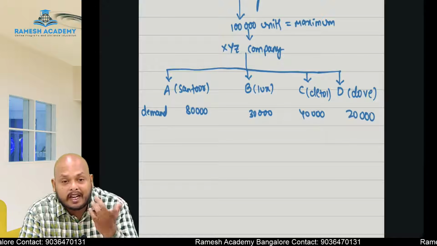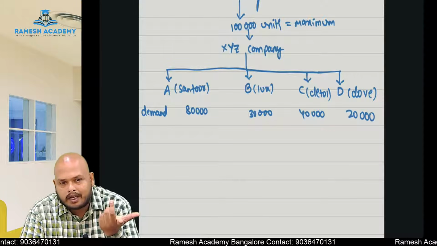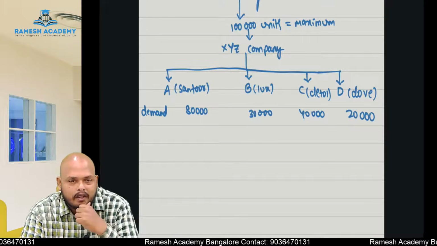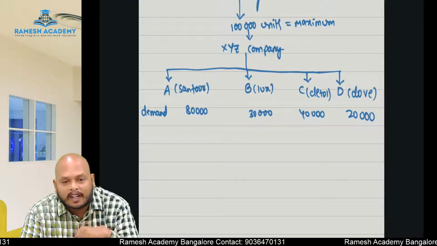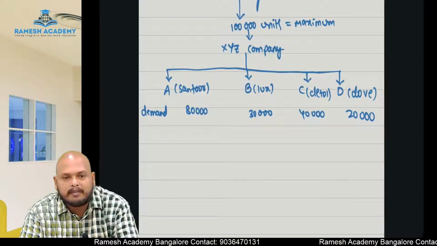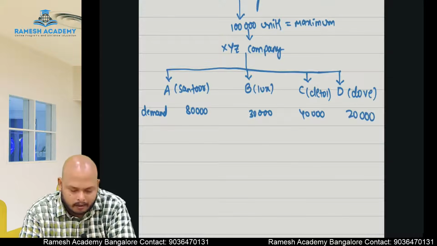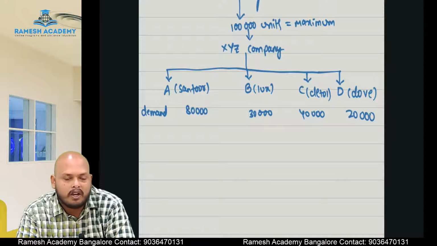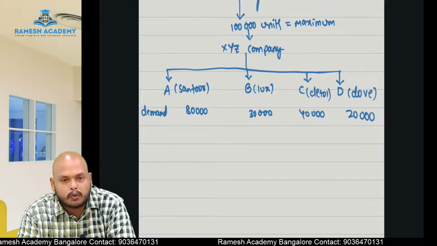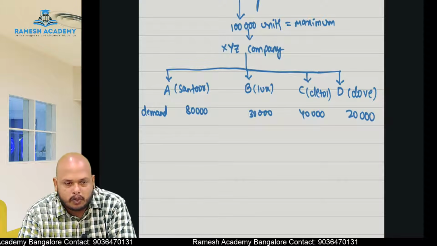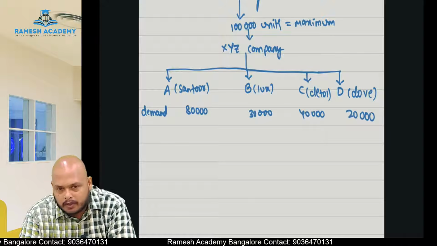Now we have to make a decision here. Being a cost accountant, we have to make a decision. Out of 1,70,000, we can select a maximum of 1 lakh only. Then which soap should we select, and which soap should we sacrifice? Which should we sell in the market?